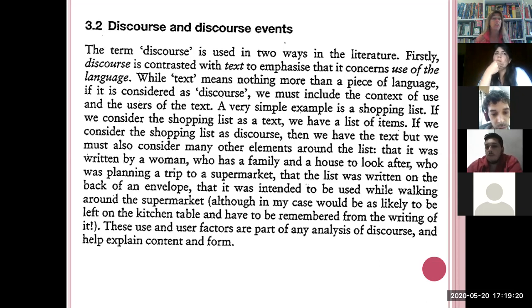There are no sentences, just a list of, I guess, nouns, like toilet paper, flour, vegetables, detergent, whatever. So we are thinking of a text made of a list of nouns that is going to be used as it is described here.